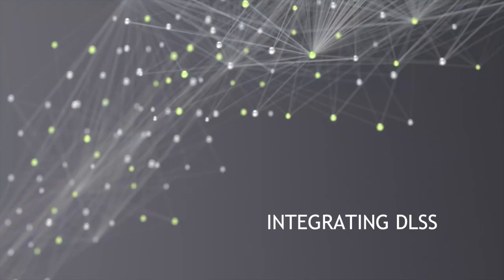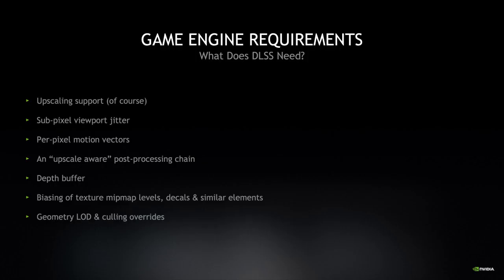So I hope by now I've convinced you that DLSS is good. It's something you want. So how do I go about now putting it into my game? So what do you need in your game to put DLSS into the engine? Well, there are a couple of things. Firstly, you need to be able to upscale. That should go without saying. You also need support for subpixel jitter.